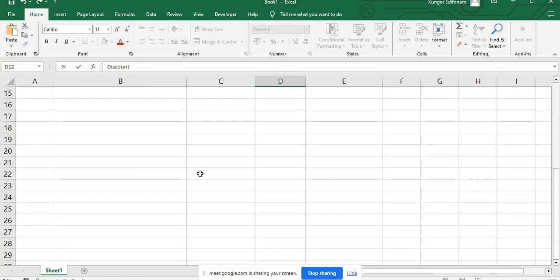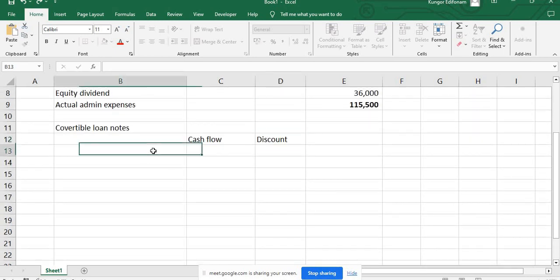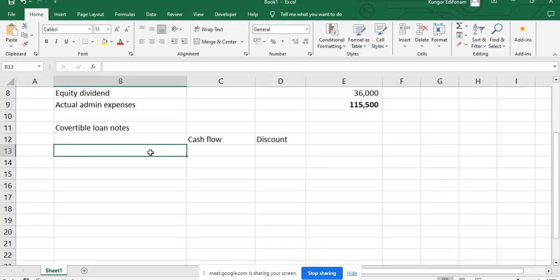Is that okay? The coupon or the cash flow will be 5% of 60,000. The value of the convertible loan note is 60,000. That's the face value of the convertible loan note.